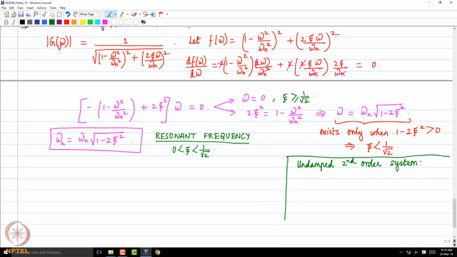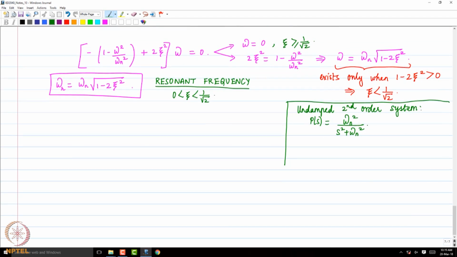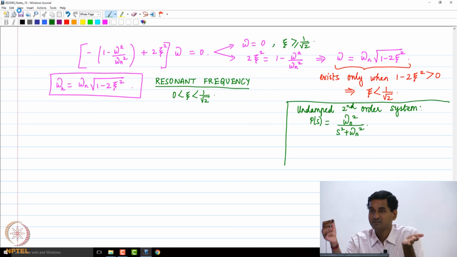the transfer function is going to be omega n squared divided by s squared plus omega n squared. Do you agree? So that's the visualization of natural frequency. You give a perturbation, and the frequency at which the output will oscillate is the natural frequency.